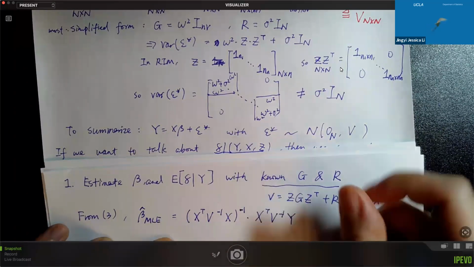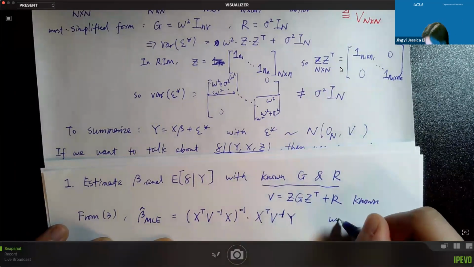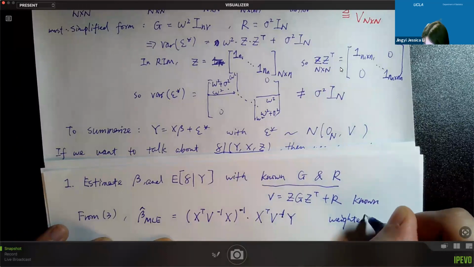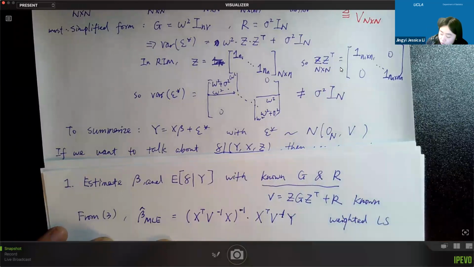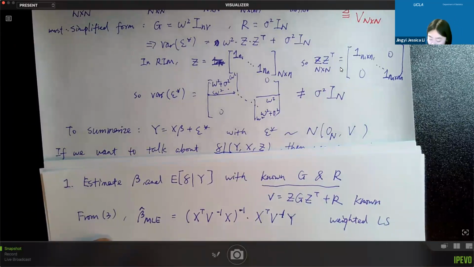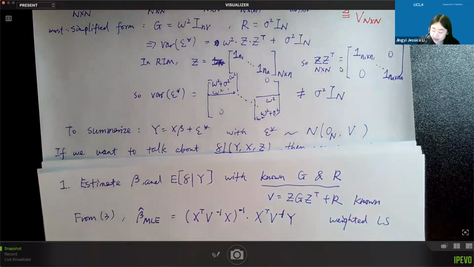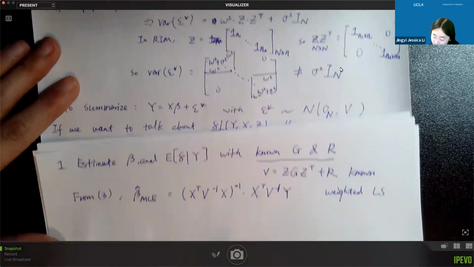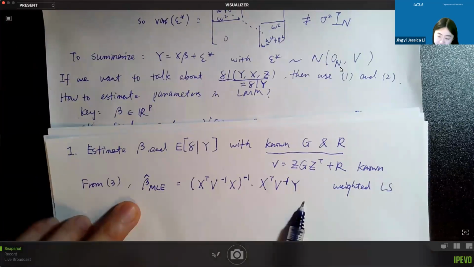Here V is the covariance matrix, and we take its inverse. This is a more general case of the weighted least square, because here the weights are no longer diagonal, but we still take the inverse anyway. So this can be shown as the MLE. So you see, the third way has its advantage. It can give us a very simple formula for estimating beta.